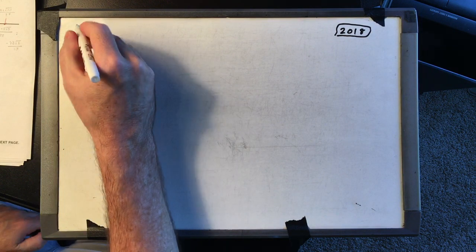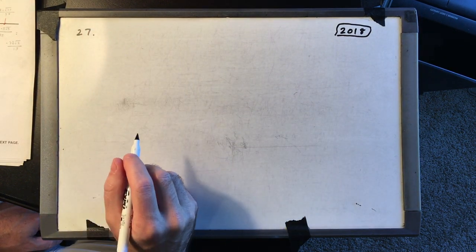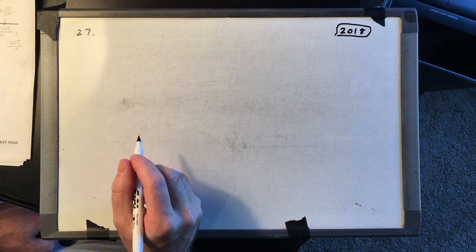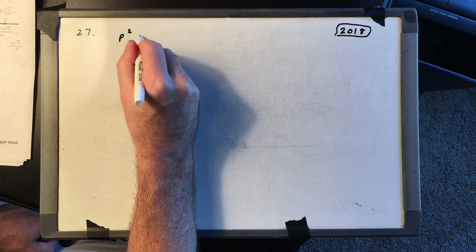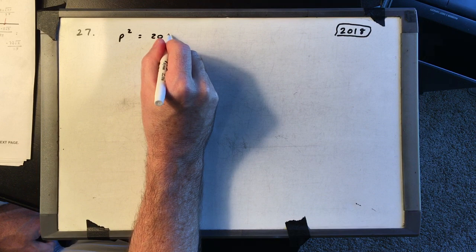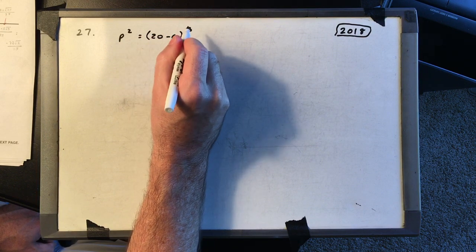Number 27 says the positive variables P and C change with respect to time t. The relationship between P and C is given by the equation P squared is equal to 20 minus C cubed.